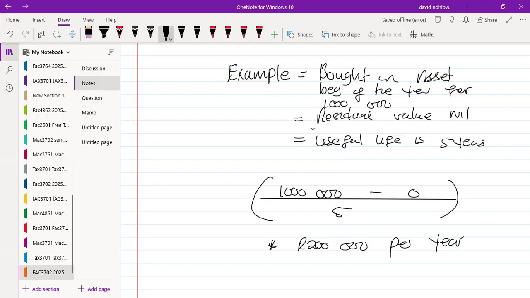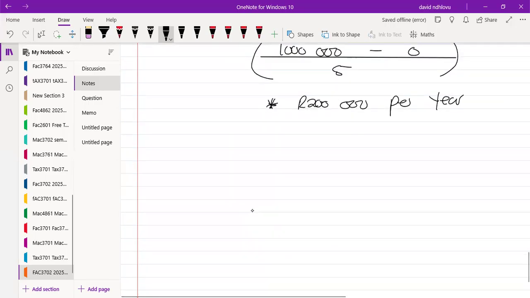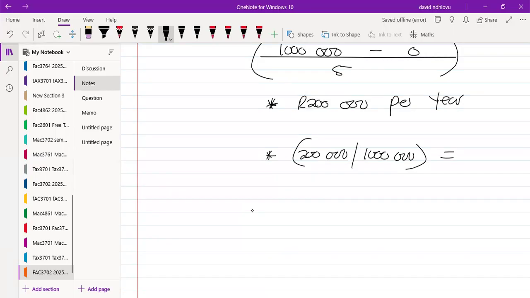We may make a shortcut out of this. Instead of always doing this calculation, we can just ask how it translates to a rate. It's simple: 200,000 divided by the depreciable amount, which is the 1 million. That gives us a depreciation rate of 20%.